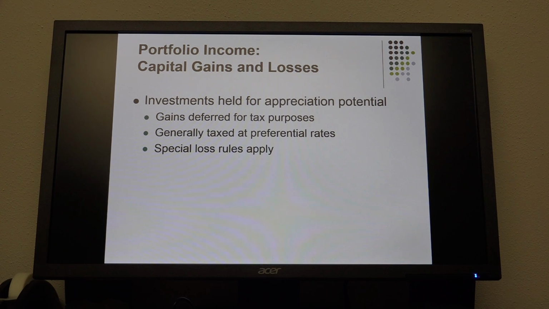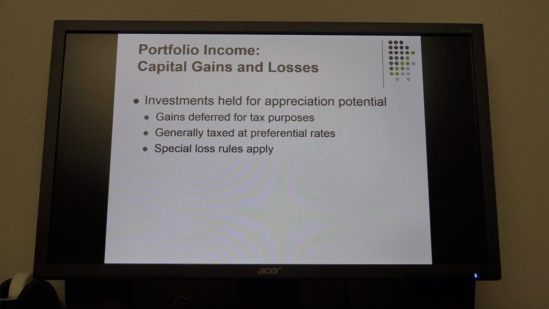Well, what happens if you sell a capital asset for a loss in a particular year? What happens with that loss? Well, it depends, and we'll get into this netting process that you're required to do when you have the sale of capital assets. But let's say you do have what they call a net capital loss.